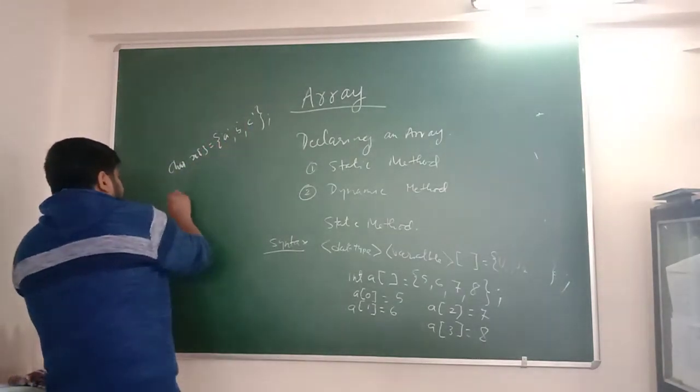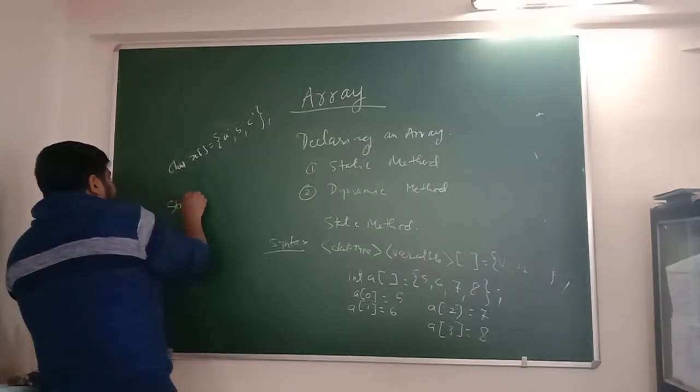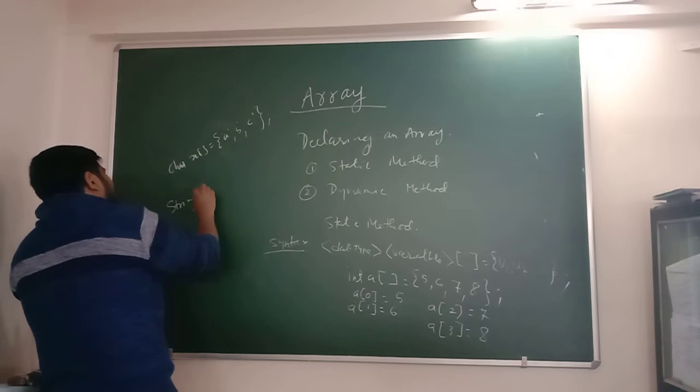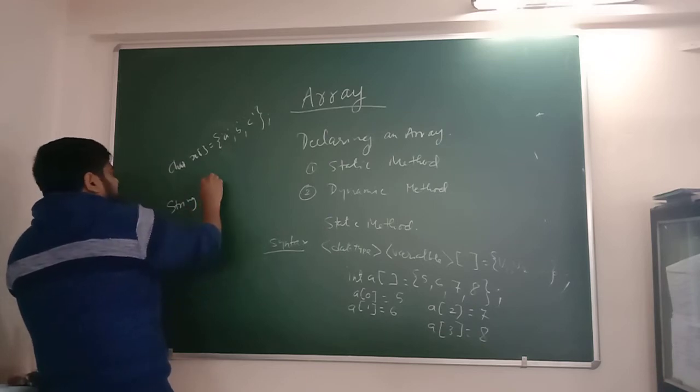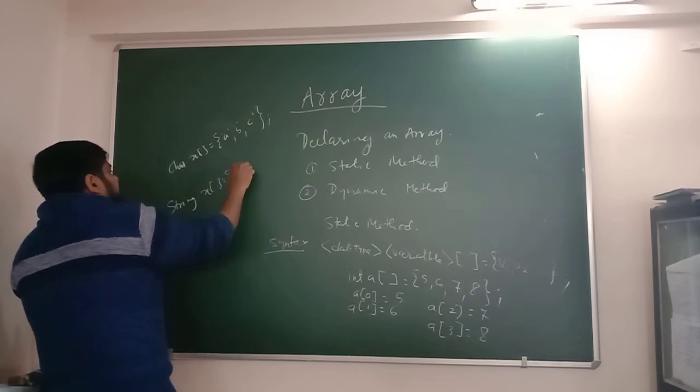Next, if you are declaring a string array, String x, where x is the name of the array. Whatever you declare here goes in double quotation marks, like "Neeraj" and "Dheeraj".